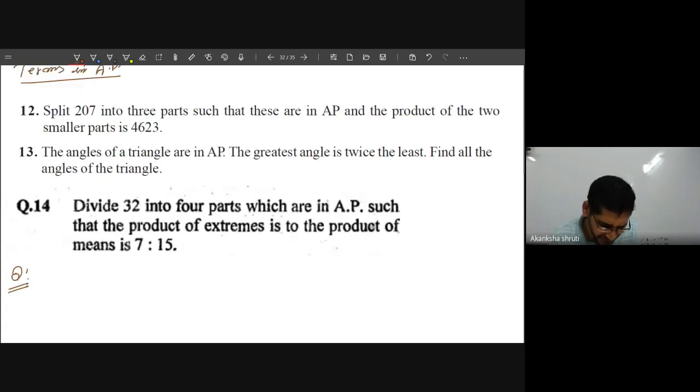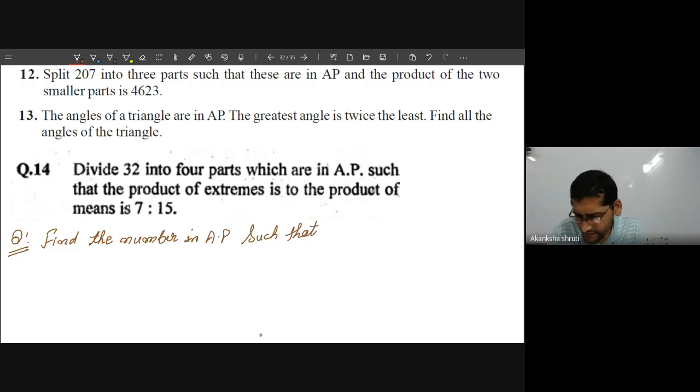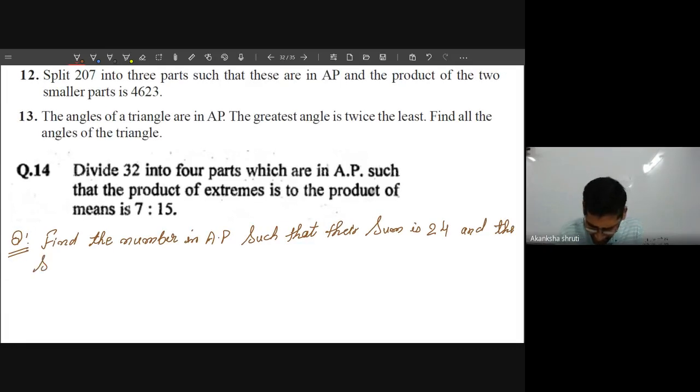So write: find 3 numbers in AP such that their sum is 24 and the sum of their squares is 210. This is the question.